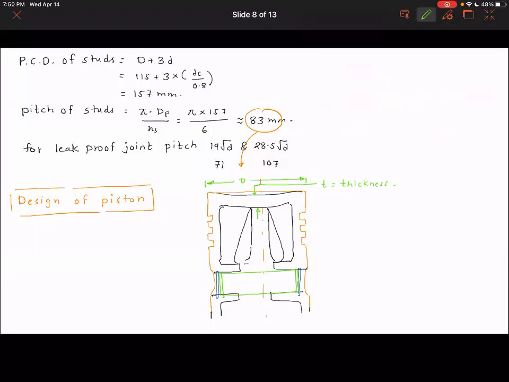And then we have to find out the dimension of the ring section. So this is the ring section. So this is where the rings are. This is the top land. And this is the barrel thickness.